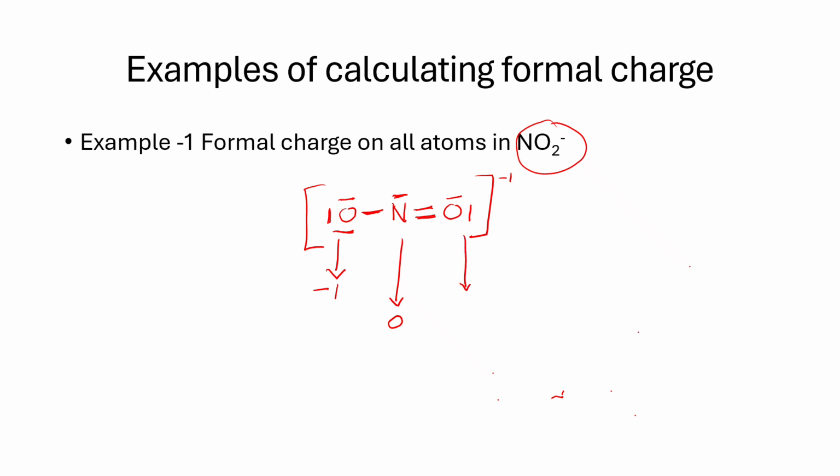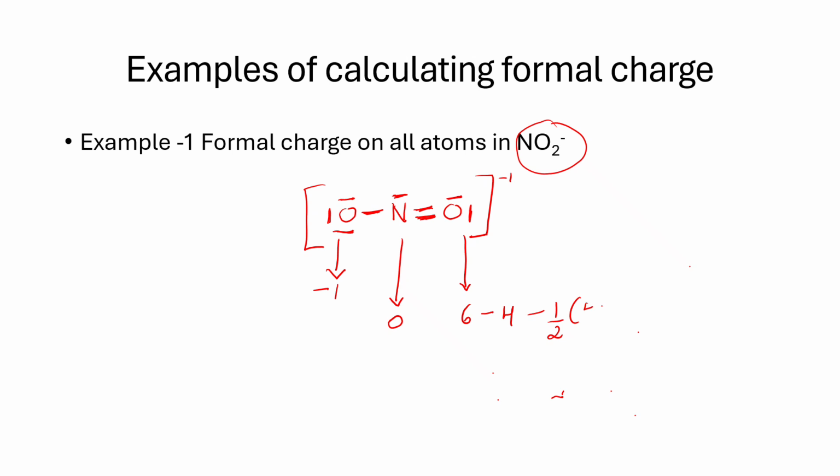So here again, the valence electrons are 6 minus the number of non-bonding electrons. We can see that there are 2 lone pairs here, so there are 4 non-bonding electrons, minus half the number of bonding electrons. We can see that this oxygen has made a double bond here, which means that there are 4 bonding electrons.